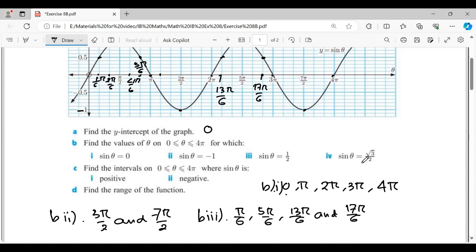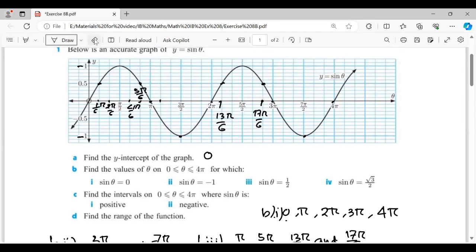Now B4. If sine theta equals square root 3 over 2. I'm going to clean first. Square root 3 over 2, if you convert to decimal, is about 0.9. And the point here, positive 0.9.